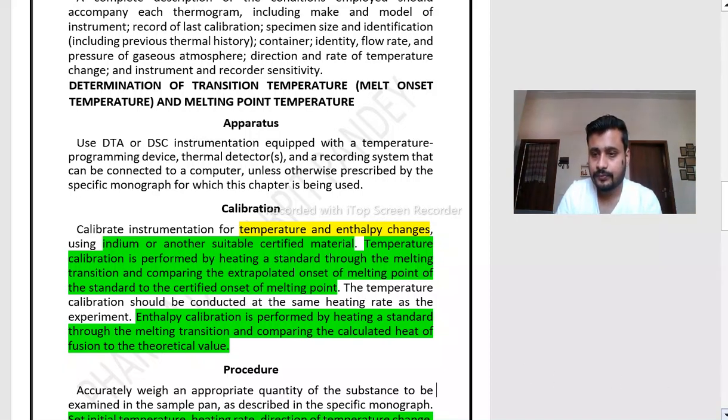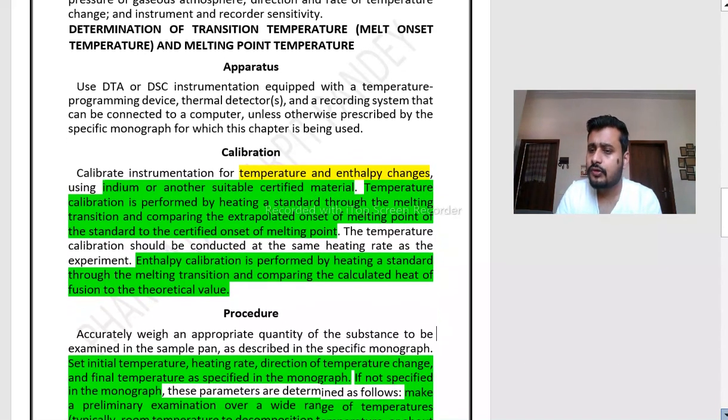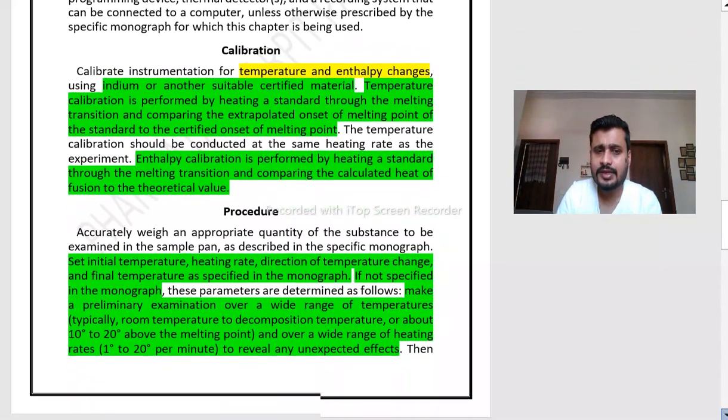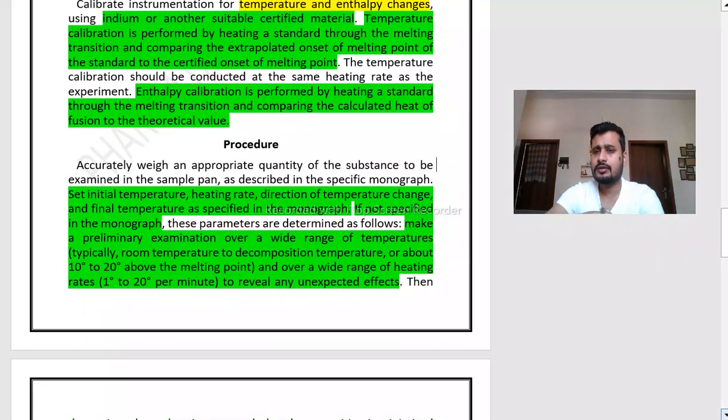Okay, what is the procedure for the analysis of any substance in DSC? Just the procedure I described. Accurately weigh an appropriate quantity of the substance to be examined in the crucible. Weigh the substance in a crucible, make a pinhole, crimp it with the help of a crimper, and put it in the DSC.